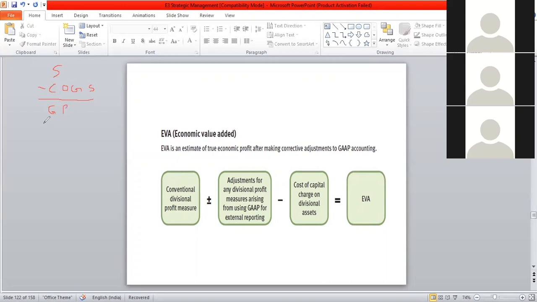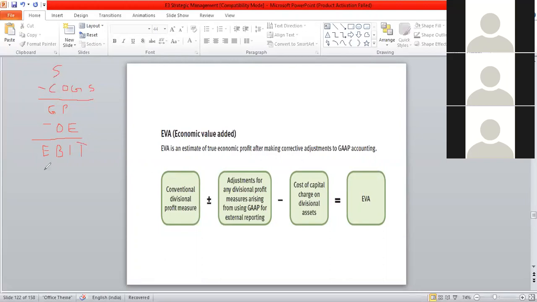From this, operating expenses are deducted, and then we have the operating profit, of course subject to some other adjustments. I'm not elaborating on that. This one is called EBIT. If the EBIT position is good, then it is evaluated as a profitable organization. But there are many other transactions after EBIT, because EBIT is the profit which is available to all the investors.